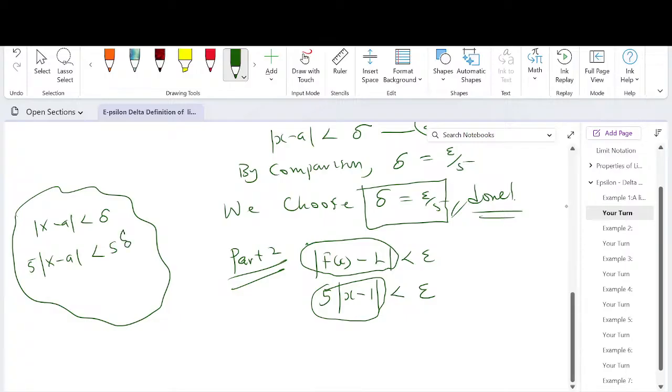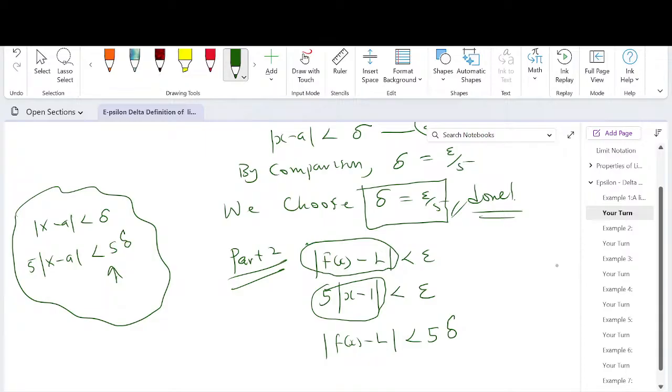So this one will now be the absolute value of f of x minus 5, and it's less than 5 delta. Now we've got the comparison. This is the comparison model. So we show the value of delta to be epsilon over 5, and we can now substitute.